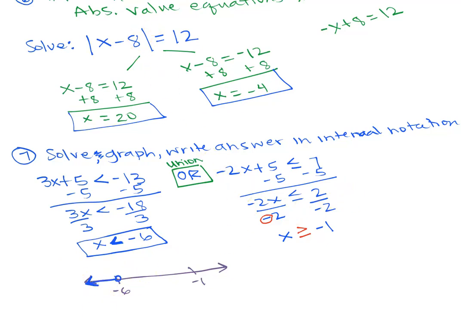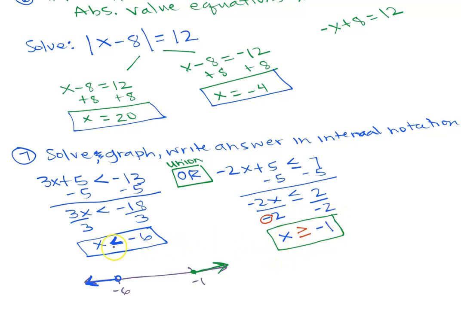And then on our other one, graph this one in green, x ≥ -1. Since it has the equal to part, I need to have a closed-in circle, and we want everything bigger than -1, so that would be everything to the right. Again, it looks like an arrow pointing to the right.